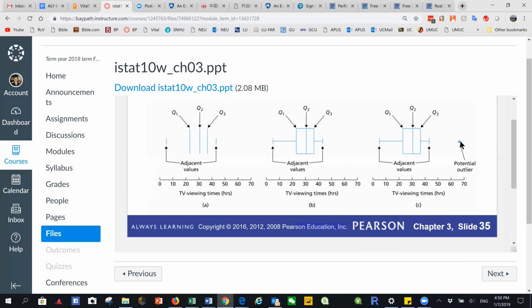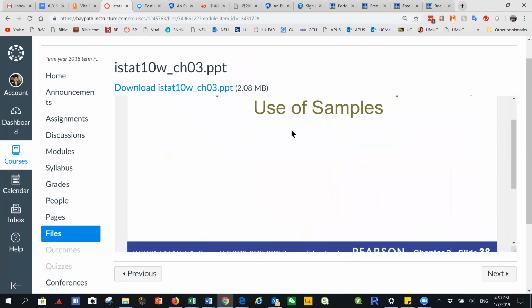But here we have an outlier because it lies outside of the upper fence, which is Q3 plus 1.5 times IQR. Okay, so these are the 5 summary numbers, with which you can build a box plot and identify the outlier.